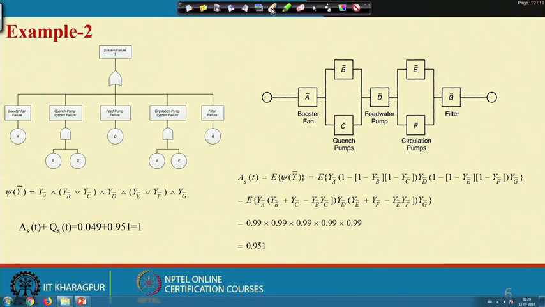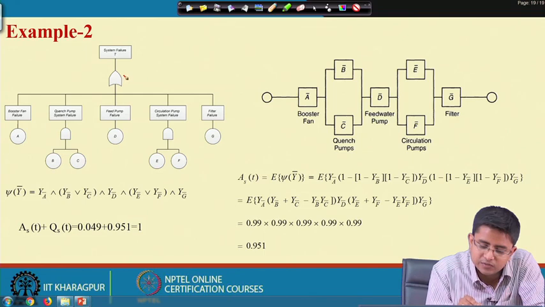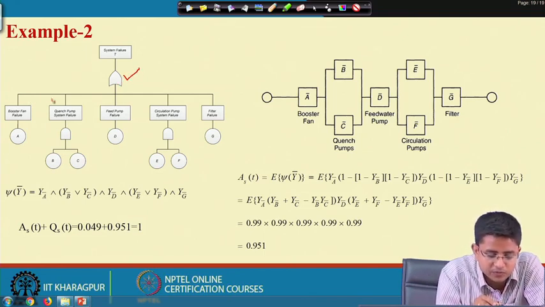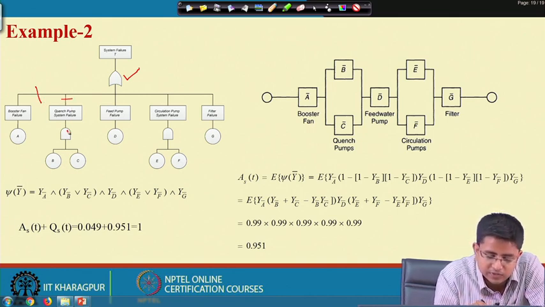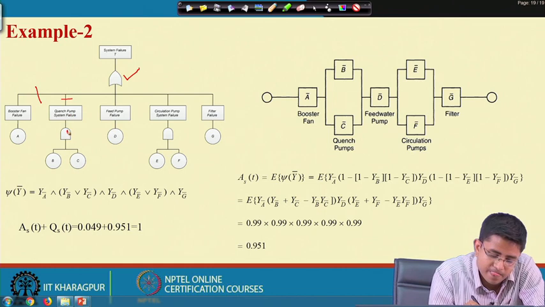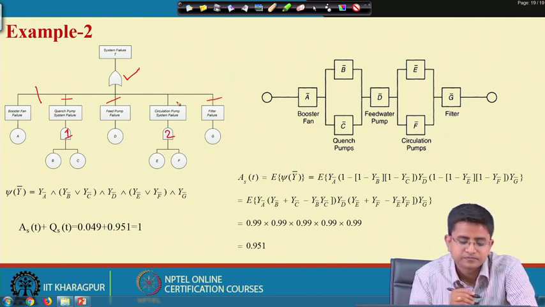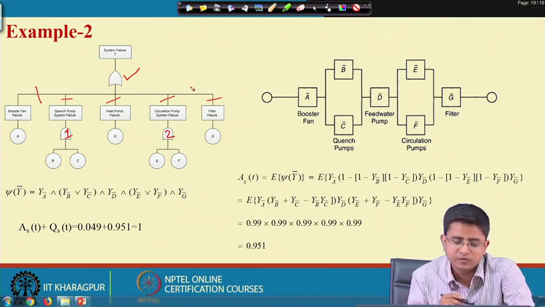So, you can see how to form the reliability block diagram from the fault tree. So, look, it is OR gate. As it is OR gate and the inputs are A, then this AND gate, suppose this AND gate is 1, I am naming it, then this is D, this is 2, then this is G. So, these are the inputs.